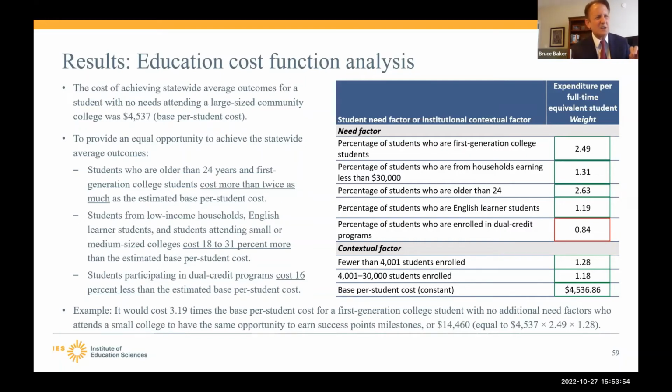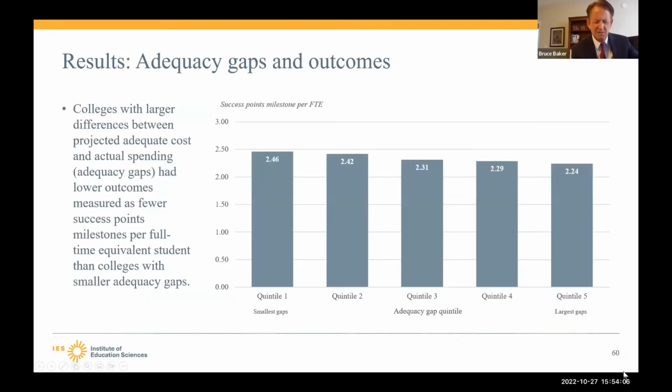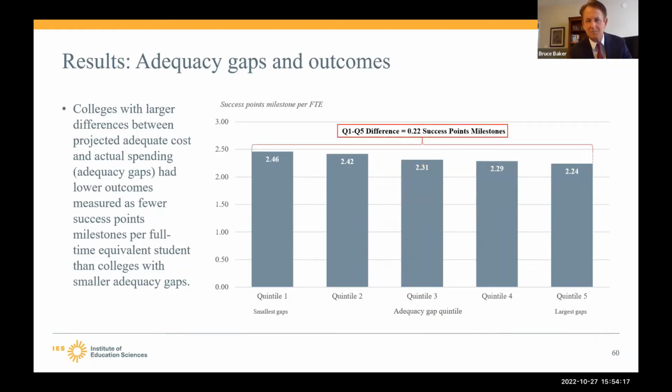What we're saying here is that the first quintile are the colleges with the smallest gaps, and may in fact be spending more than what was estimated to just achieve the average outcomes. And quintile 5 are the institutions that are least well-funded. The least well-funded institutions have lower outcomes, as opposed to the most well-funded institutions, which have higher outcomes.